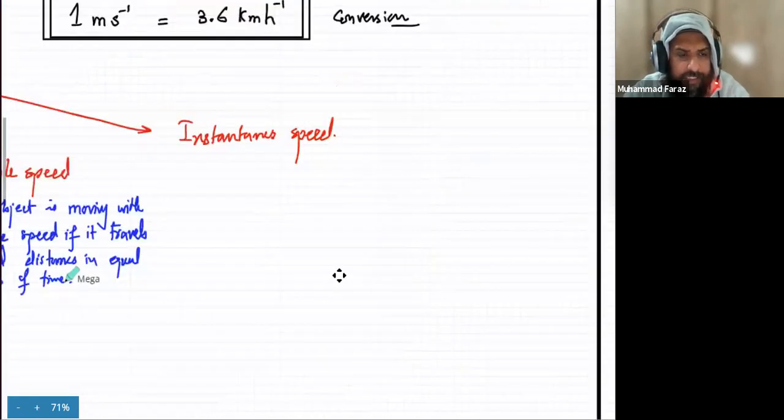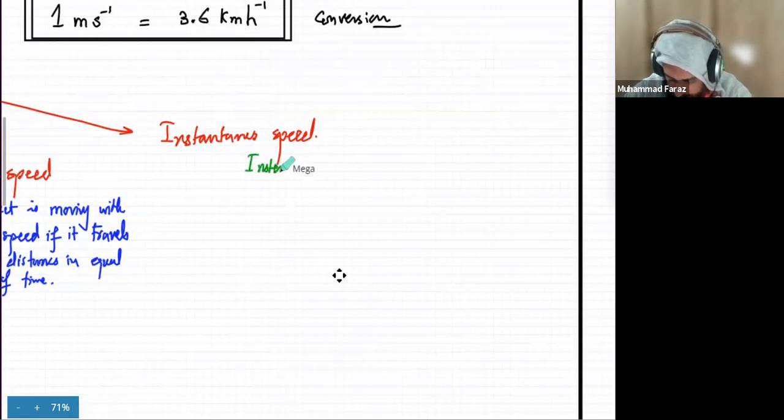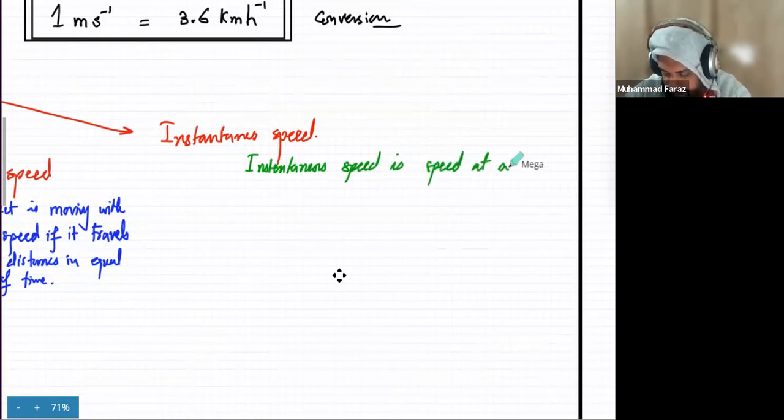What is meant by instantaneous speed? Instantaneous speed is speed at a particular instant.